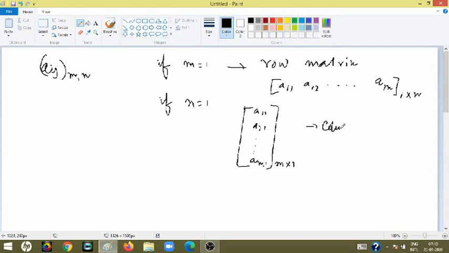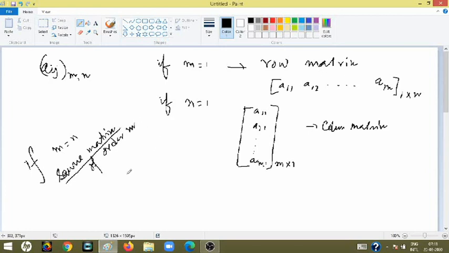Now if m equal to n, then it is called a square matrix of order m, that is m cross m.